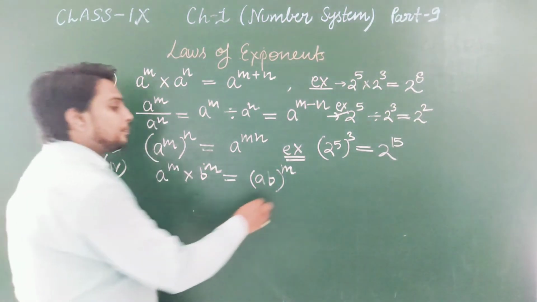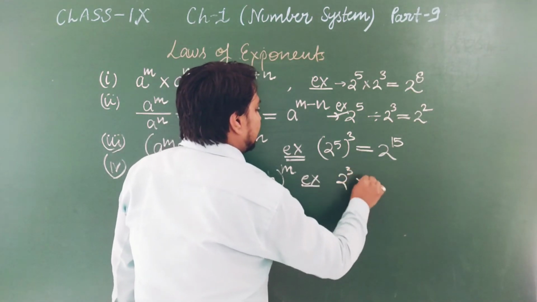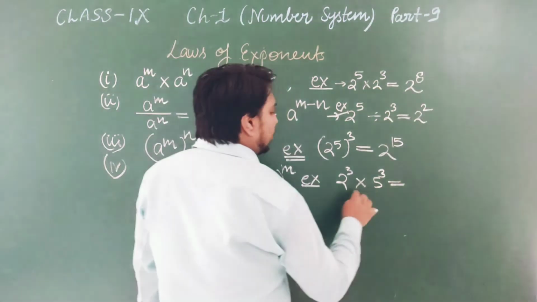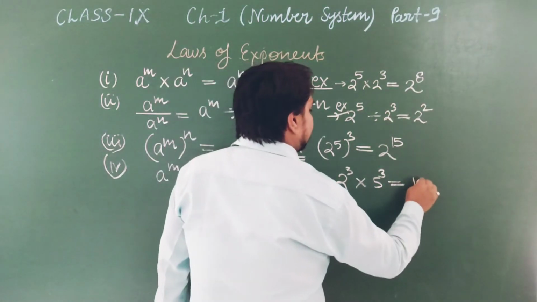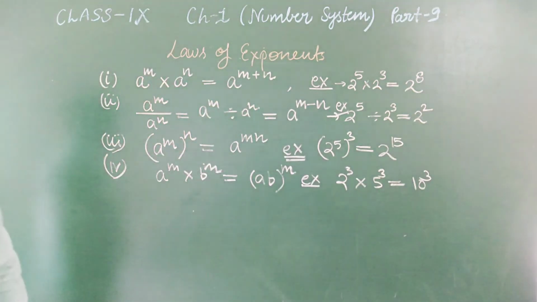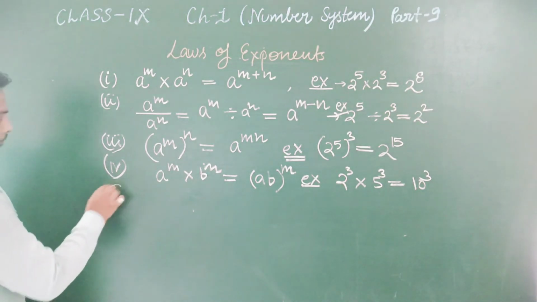Like if there is 2 to the power 3 into 5 to the power 3, we can write 2 times 5 is 10, and the power will be 3. So it will be 10 to the power 3, which means 1000.